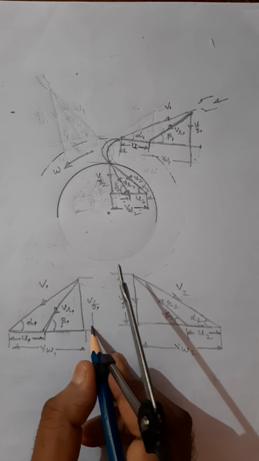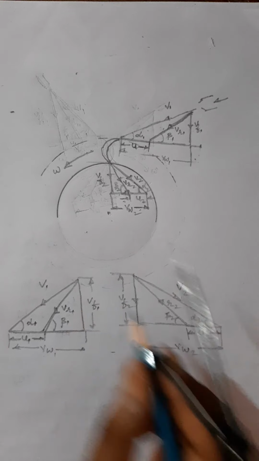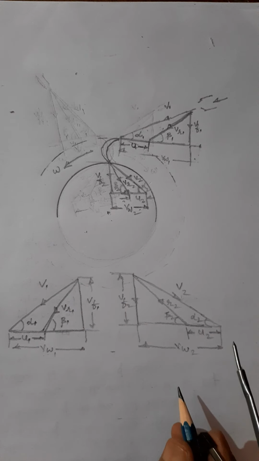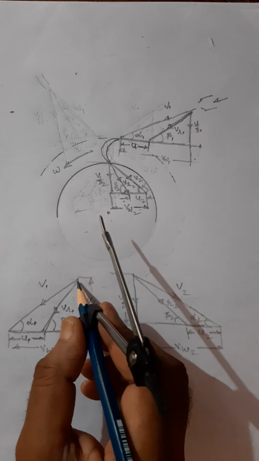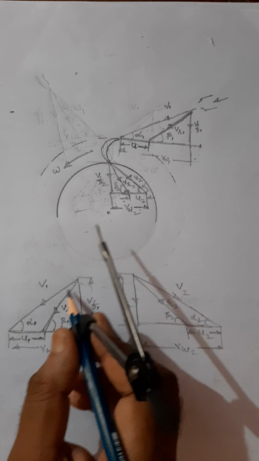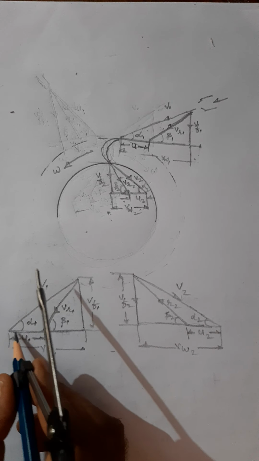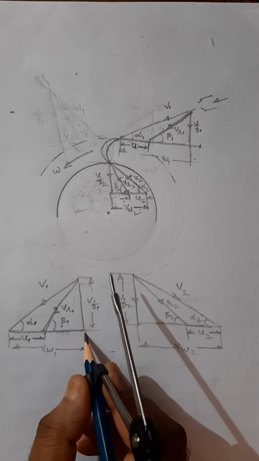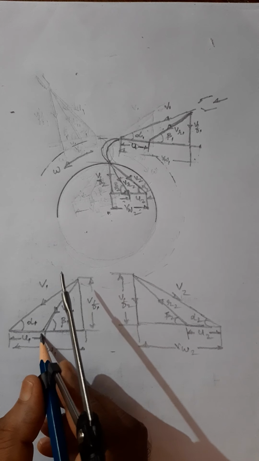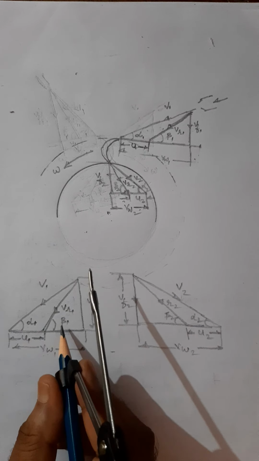Like this you have to draw the velocity triangle. To draw the velocity triangle, you have to start from V1 only. First draw V1, then resolve the horizontal and vertical components, then draw the relative velocity, then alpha 1, beta 1.